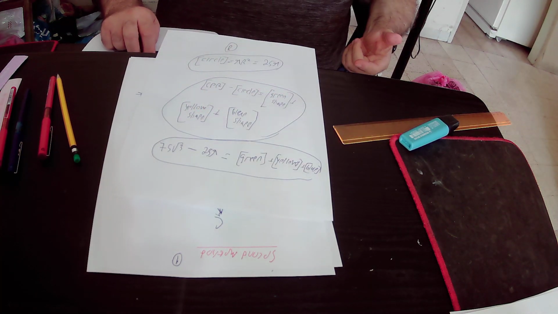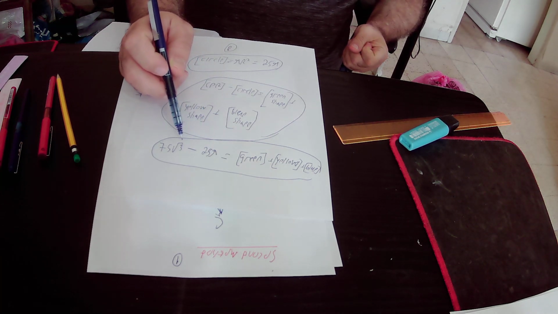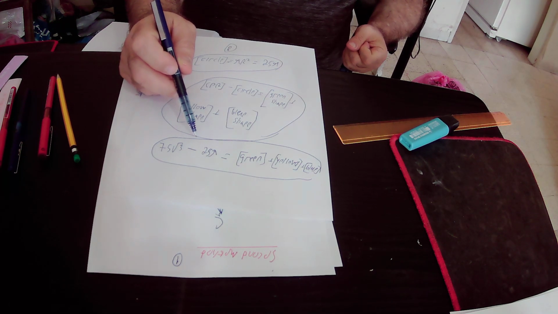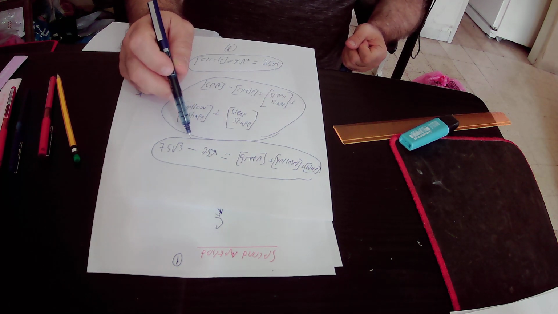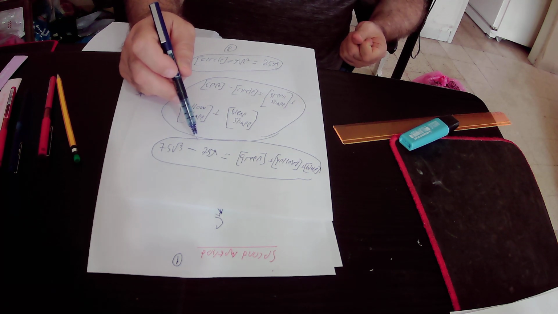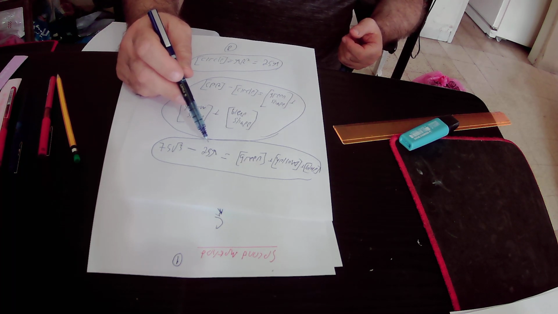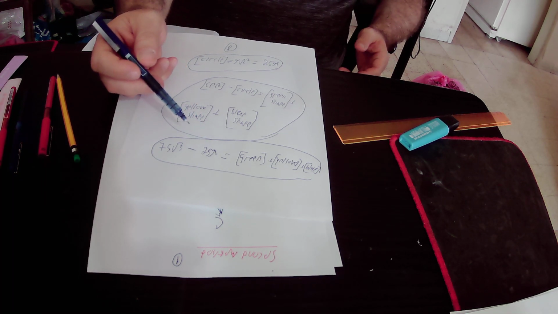Actually, it is the sum of the areas of the three shapes, and we know that the areas are equal to each other. So the only thing left to do is to divide the sum by 3, and we will get the area of the green shape.